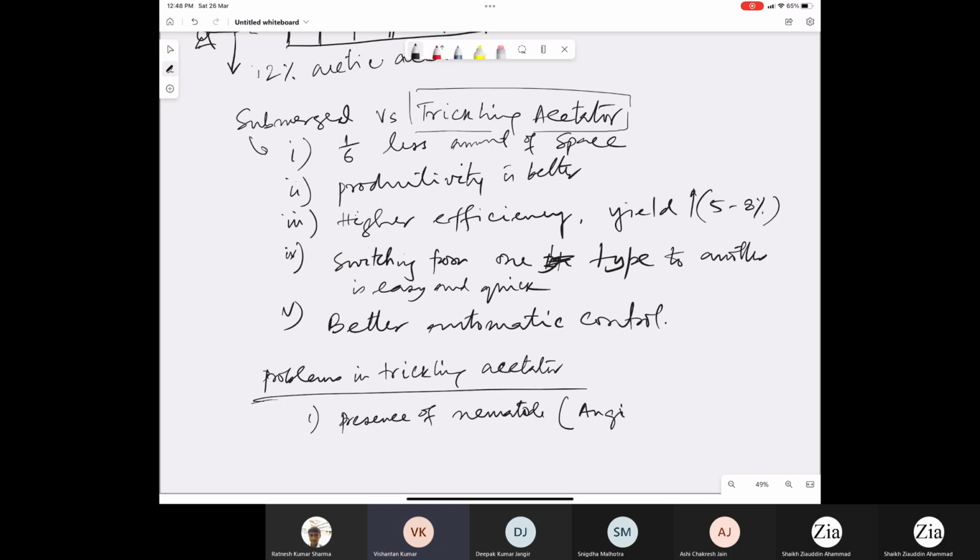Your screen sharing has stopped, I guess. I guess it's visible. Okay, I guess I'll have to rejoin. Achha.